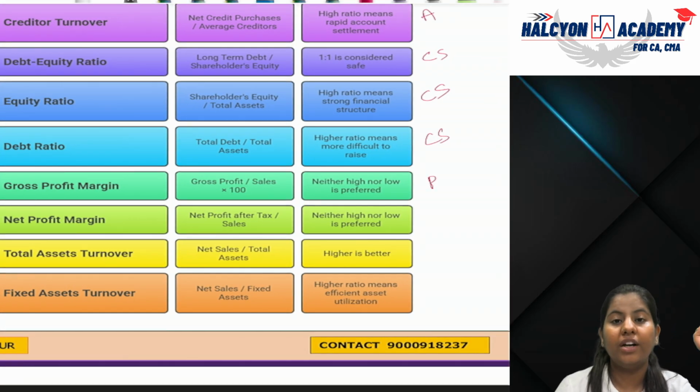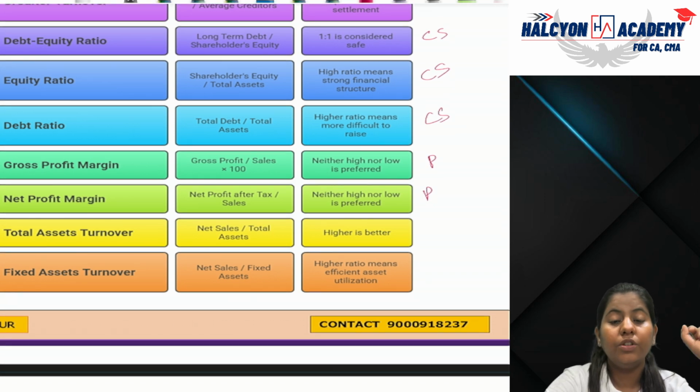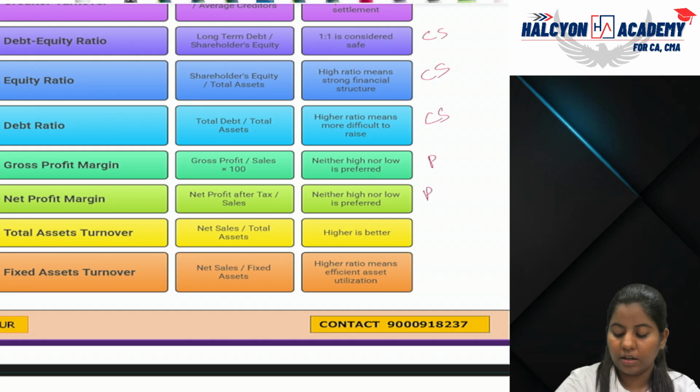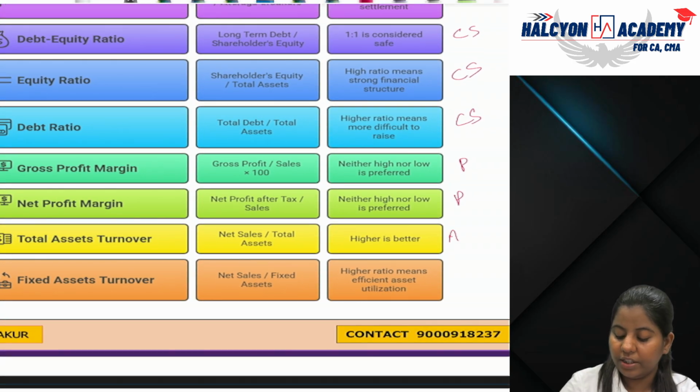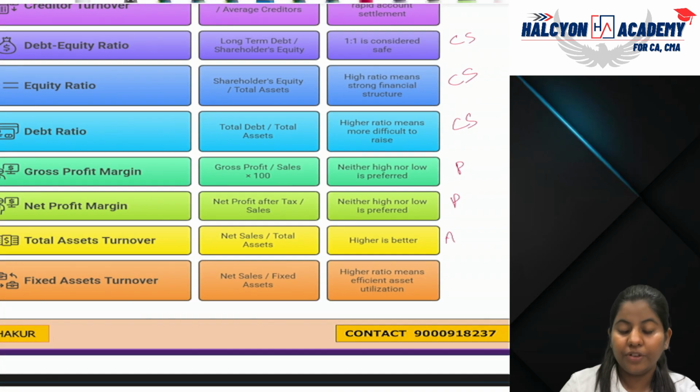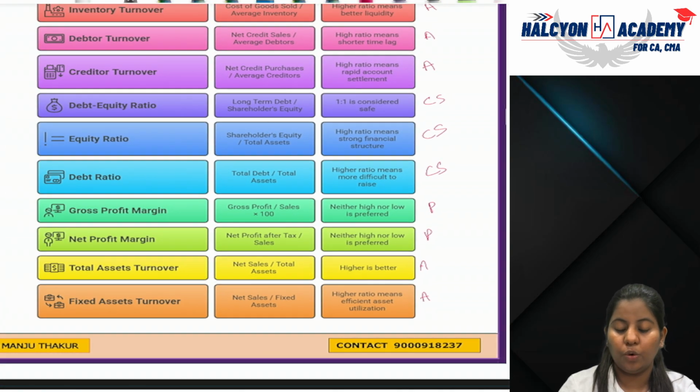Then net profit margin. Again it is a profitability ratio. Then comes total assets turnover. Again it is about turnover, so activity ratio. And then comes fixed assets turnover. It is again an activity ratio.